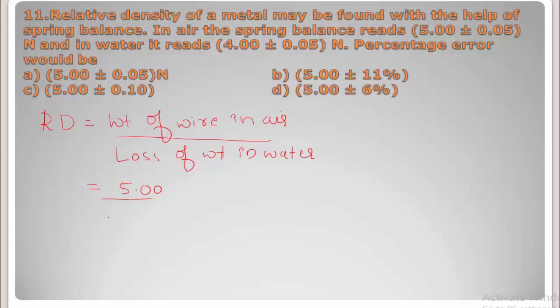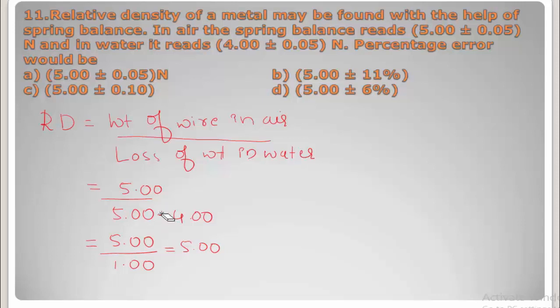In water it reads 4 and in air it reads 5, so the loss is 5 minus 4. So the relative density becomes 5 by 1.00, that is equal to 5.00. This is the final value of relative density.